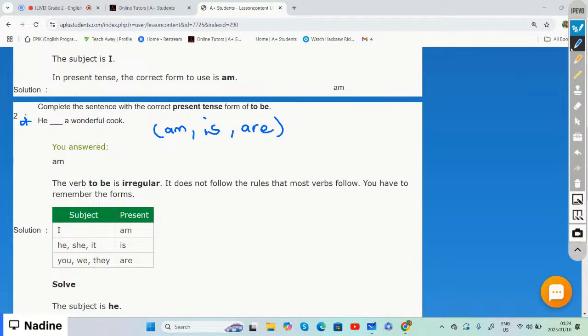He are a wonderful cook. So, what is the correct answer?